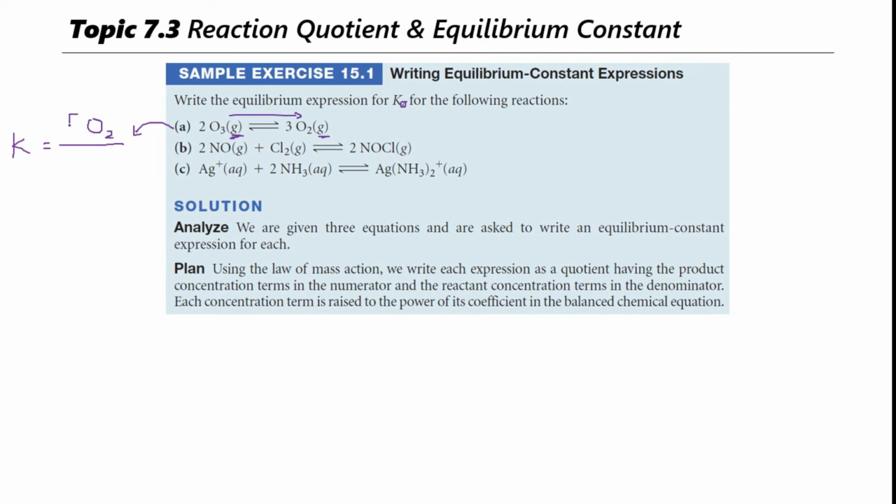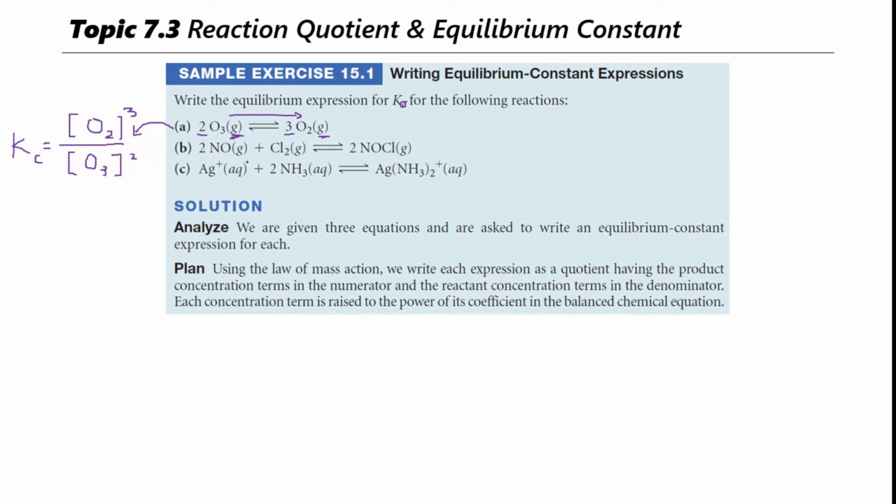So I'm going to do this in terms of concentration. So I'm going to do brackets here. Molar concentration. This is going to be raised to the power of the coefficient, so it's going to be O2 to the third power, divided by my reactants, which is my O3, again concentration, and it's going to be put to the power of its coefficient 2. All right, so this is our Kc expression for this one right here.